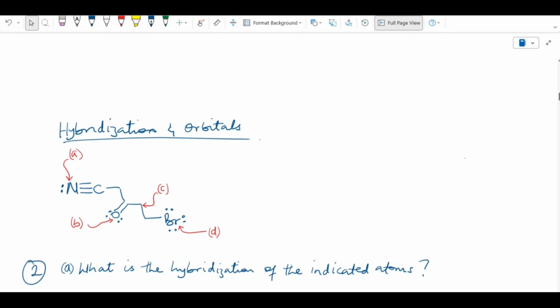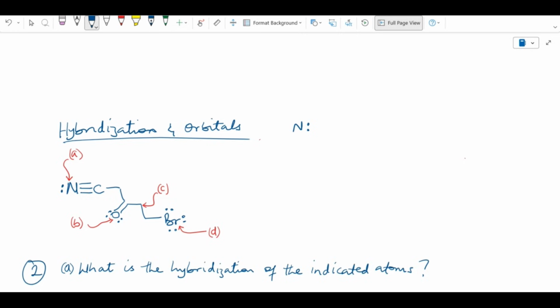So the next question here asks us to determine the hybridization of the various atoms. So A, we have nitrogen, B, oxygen, C, carbon, and D, bromine. So let's start with nitrogen.